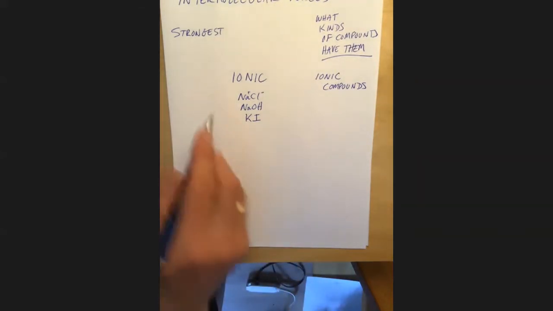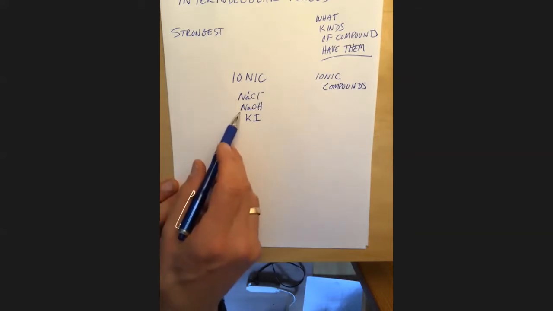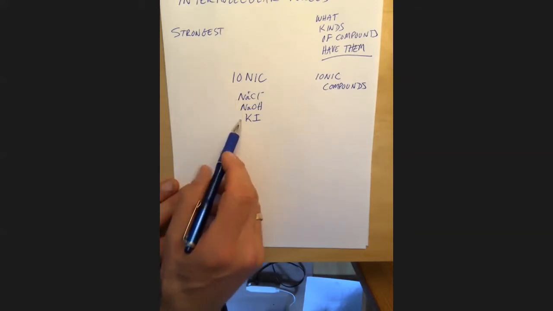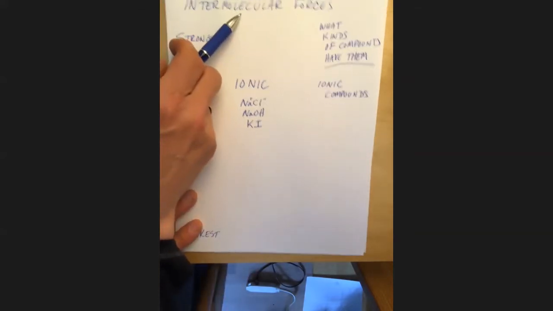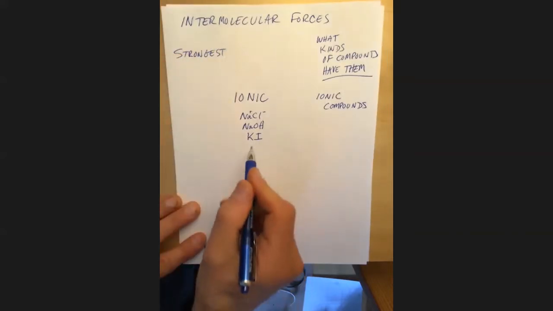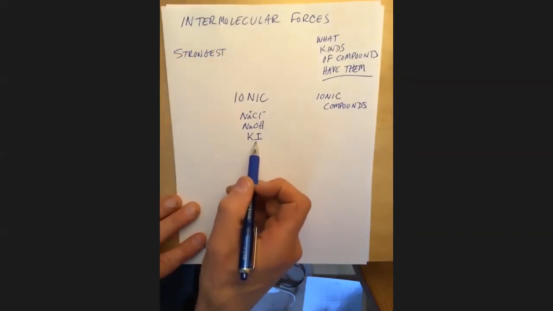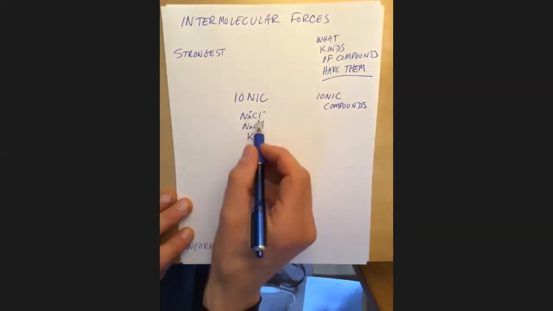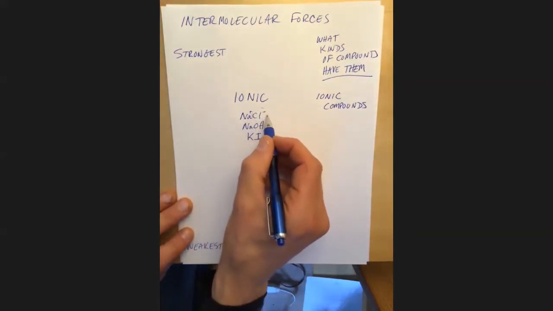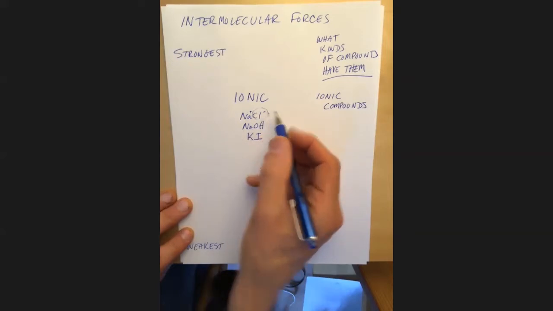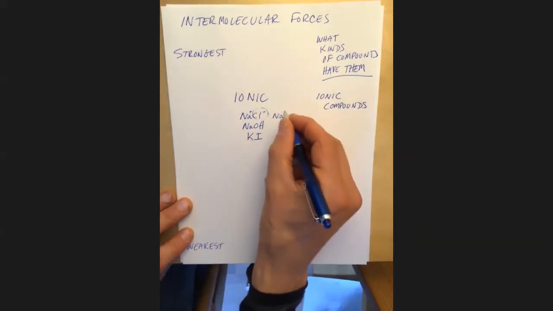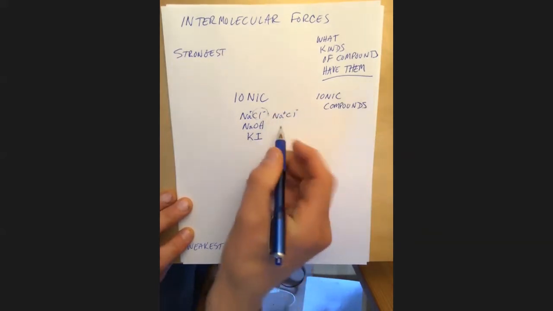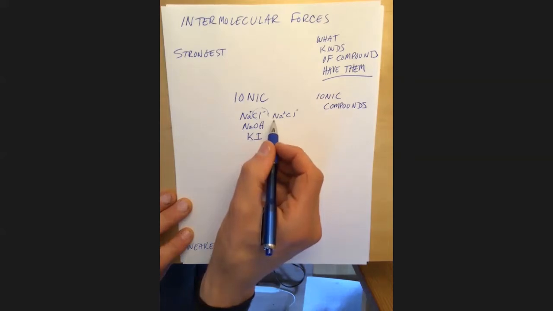Although we don't often think about sodium chloride and sodium hydroxide as being molecular, they certainly have an ionic intermolecular force. And that force comes from this chloride here being attracted to an adjacent sodium.